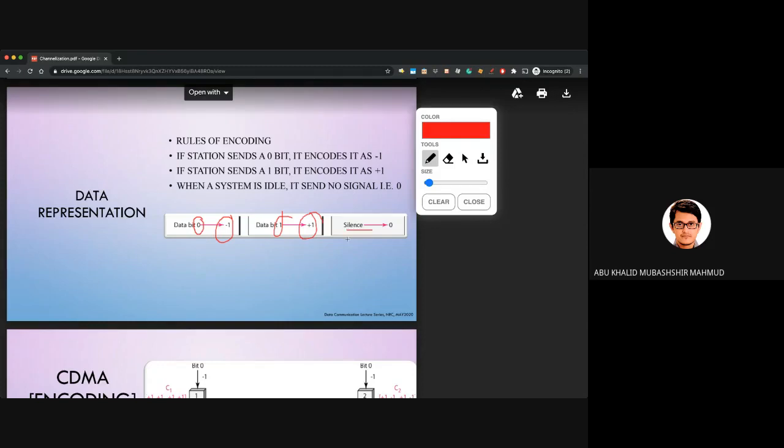If there is no data to send, that is, the station remains silent, the value is 0. This is the data representation or encoding rule of code division multiple access.